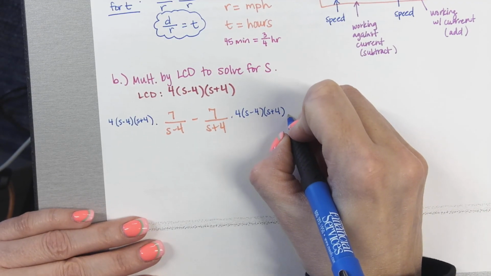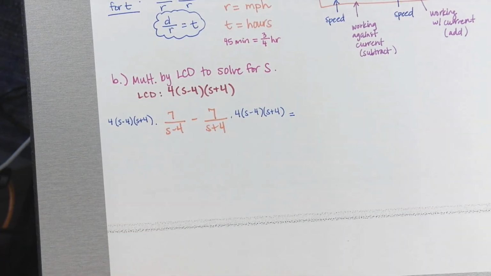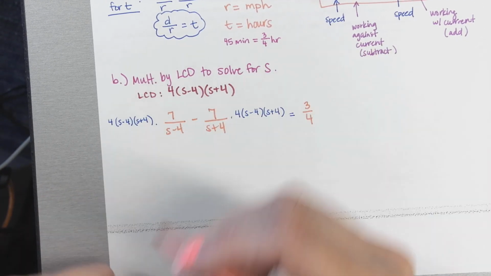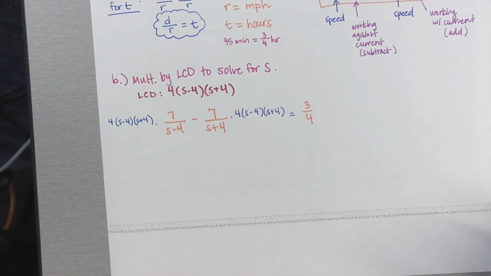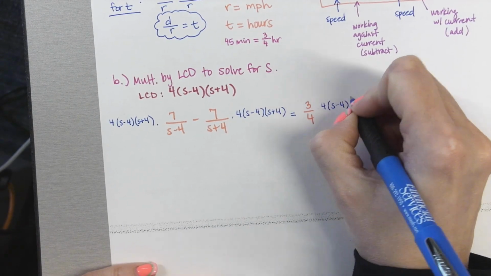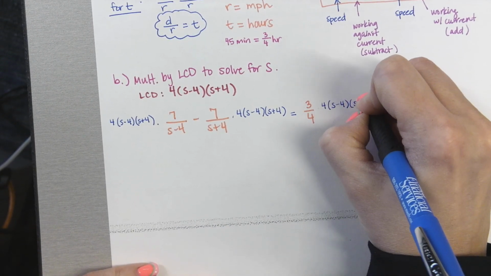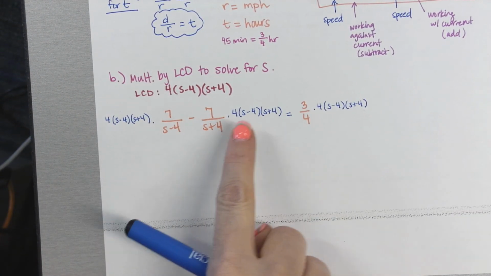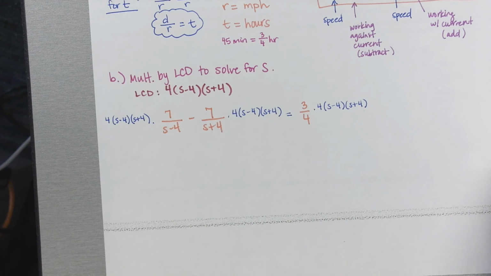Okay, and if you're feeling confident and you want to only write that once, you still have to show that you're multiplying, okay? I just don't recommend crossing everything out because I don't want you to cross out and forget to distribute. Okay, because when you distribute, every single piece gets multiplied.